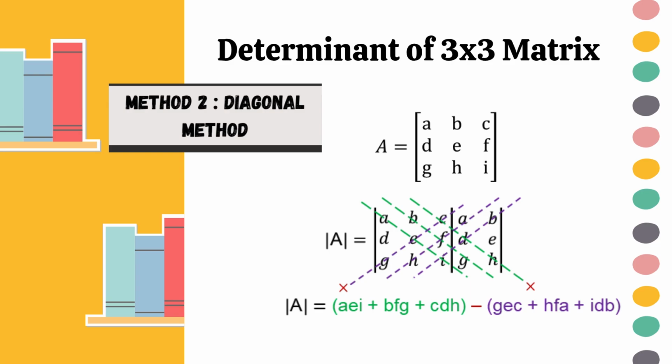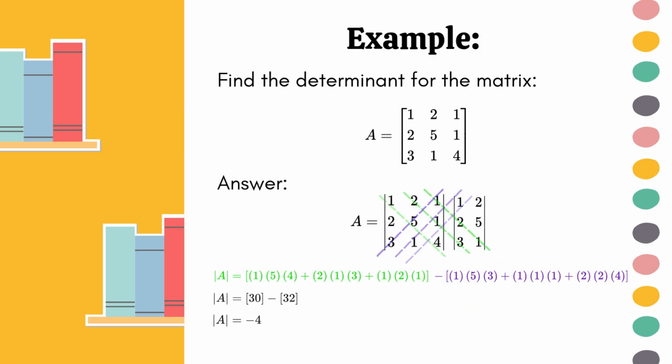Then multiply the numbers along the diagonal from top left to bottom right and add them up. Next, do the same for the diagonal from bottom left to top right and add them too. Finally, subtract the second total from the first, and that's your determinant. This example shows how the diagonal method is used to find the determinant of a 3 by 3 matrix.